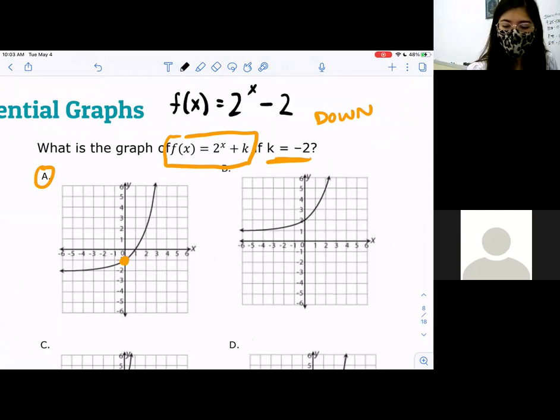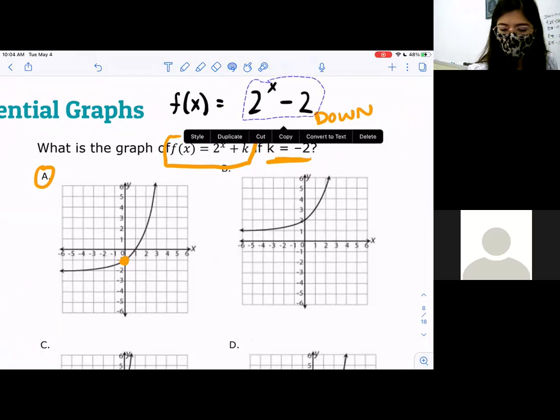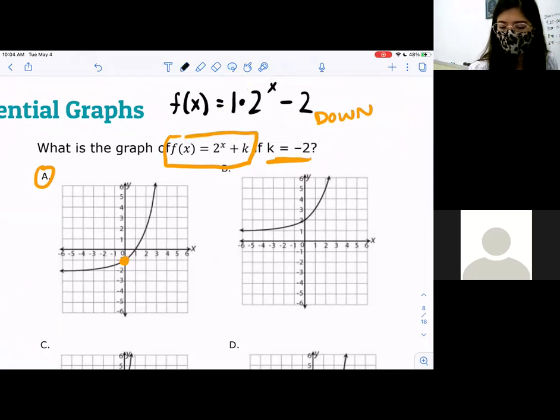Now remember that 2 to the power of x technically has a hidden, invisible 1 in front of it. Remember how there's technically a 1, but we just got rid of it. So this is basically saying that you start at 1 and you're going to go down by 2 units. So 1 minus 2 is how we get -1 right here. So this is going down by 2 units.